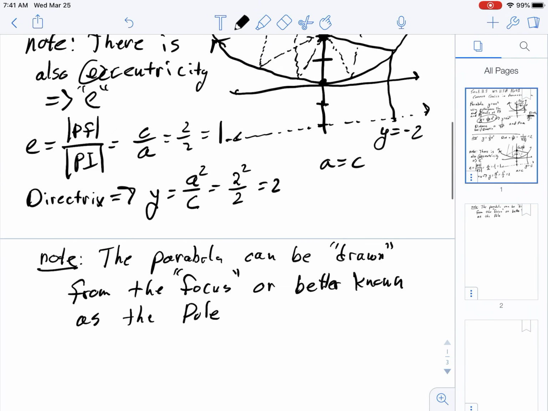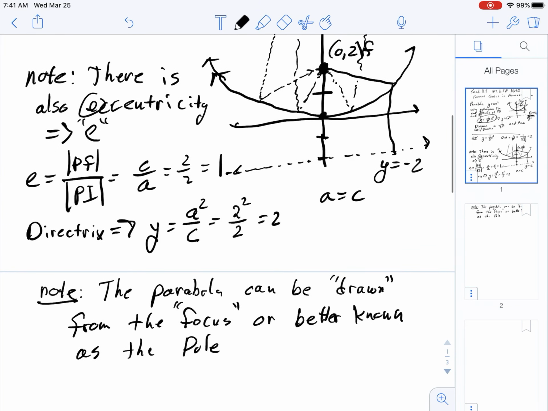So if you come back here, instead of drawing from this x-axis and my y-axis, what we need to accomplish is to be able to draw it from one of these points. Actually, this is going to be our point here. Our focus is going to become our pole.